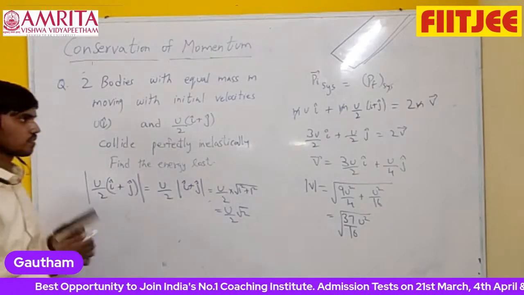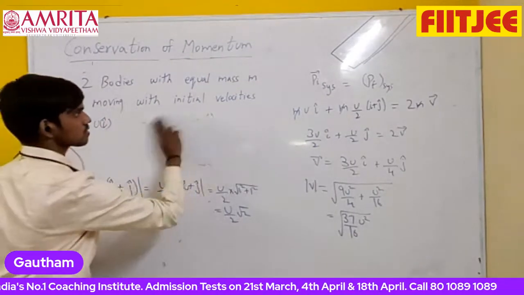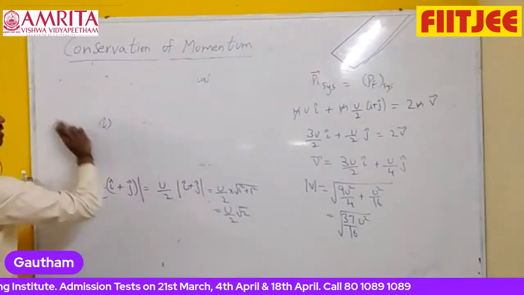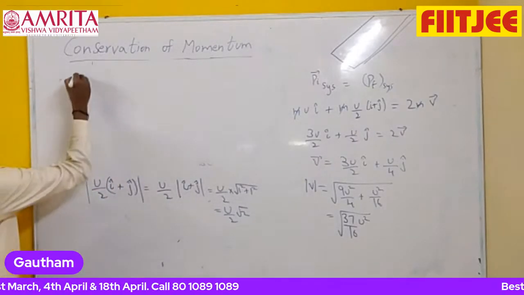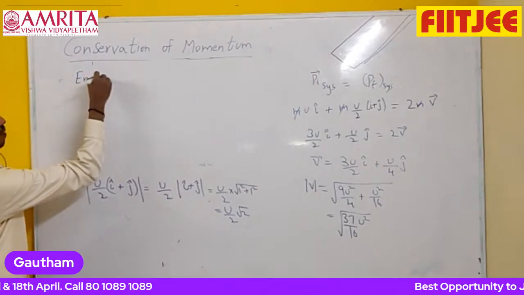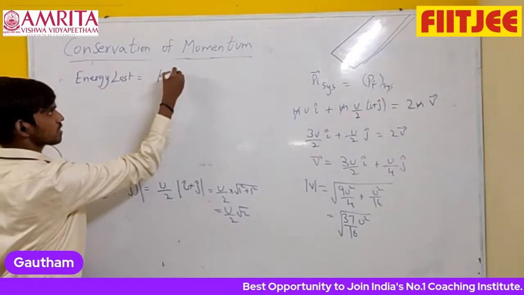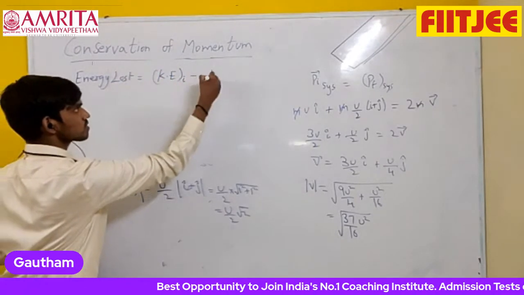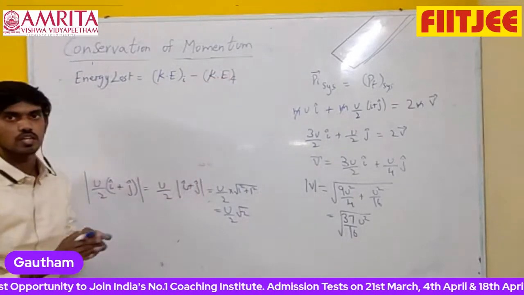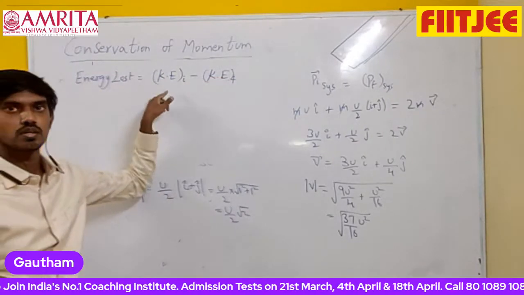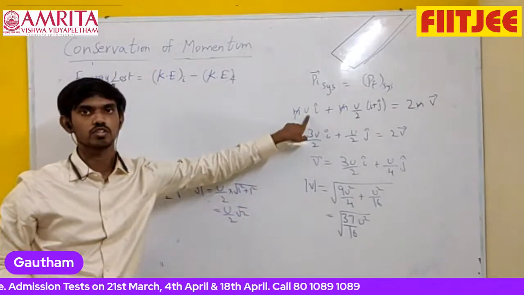Okay. So energy lost in collision is initial kinetic energy of system minus final kinetic energy of system. Initial kinetic energy is half into first mass into first speed square.